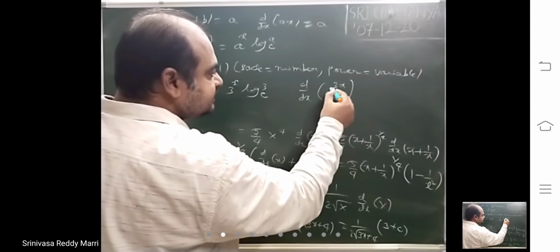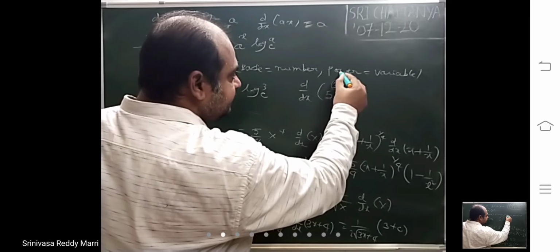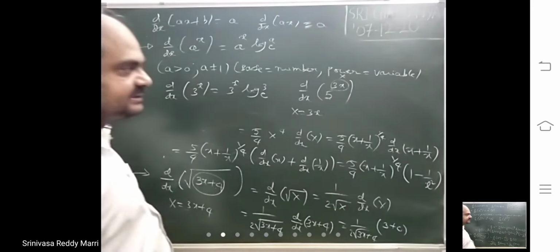This is base constant, a power variable. This you take capital X. Capital X equal to 3x.